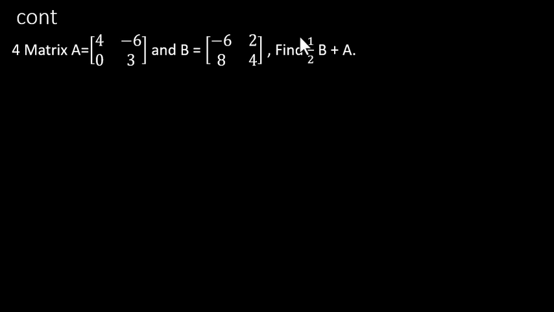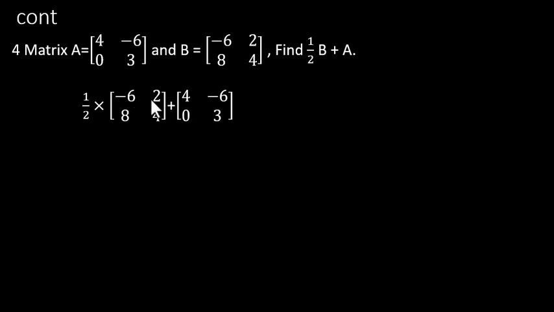Find half of B plus A. In this case, we multiply matrix B by the scalar half, plus A, as shown above.